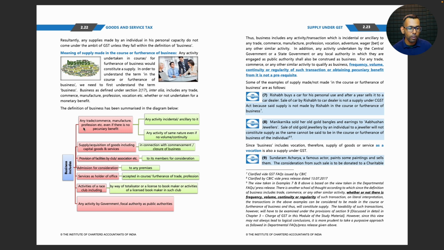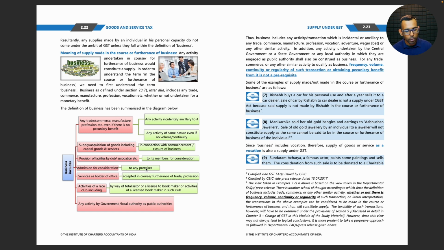Any trade, commerce, manufacture, profession, even if there is no pecuniary benefit. Any activity incidental or ancillary to it. Any activity of same nature, even if no volume or continuity. Supply, acquisition of goods including capital goods and services in connection with commencement or closure of business. Provision of facilities by club or association to its member for consideration.